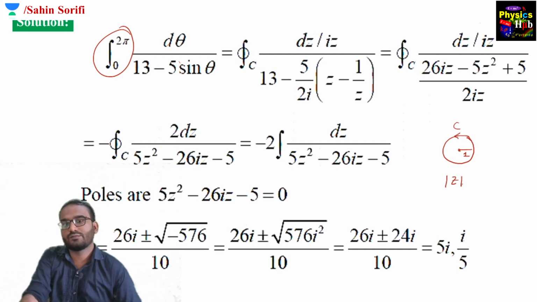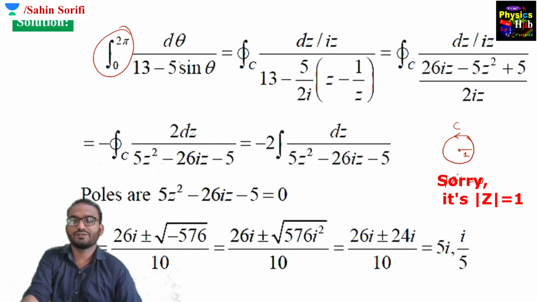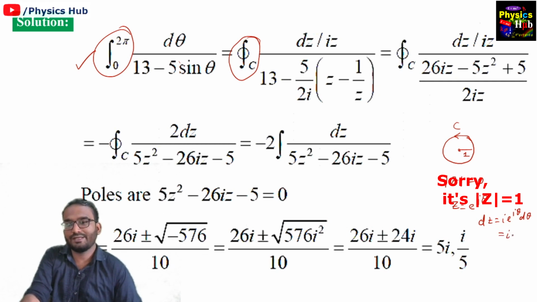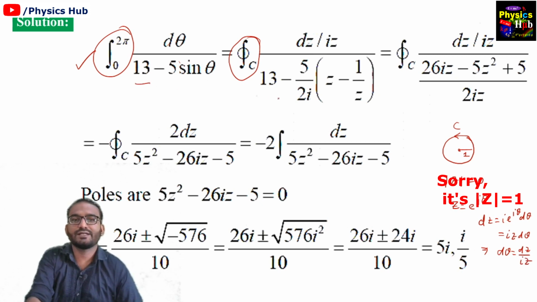So this circle is basically |z| = 1, centered at 0 with unit radius, and we can convert this limit 0 to 2π into this complex contour, and dθ will give you dz/(iz). Because z = e^(iθ), therefore dz becomes i e^(iθ) dθ, that is equal to iz dθ, and that gives you dθ = dz/(iz). Is that fine?